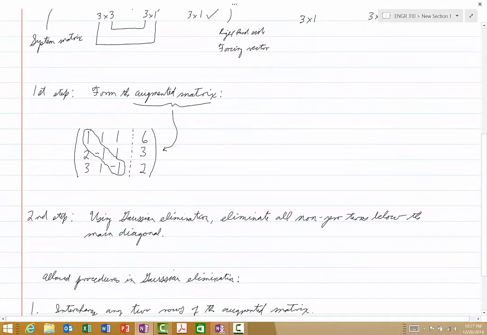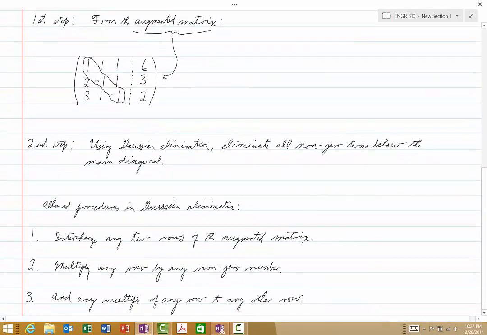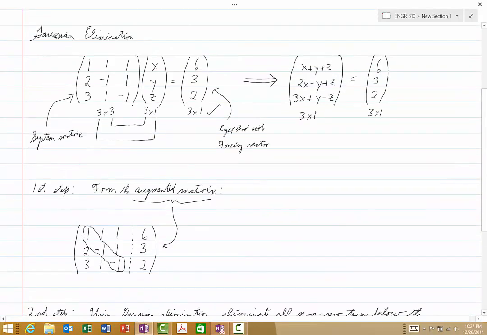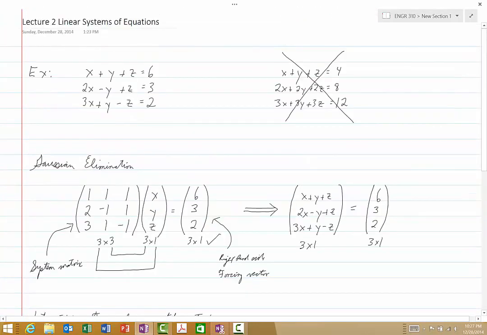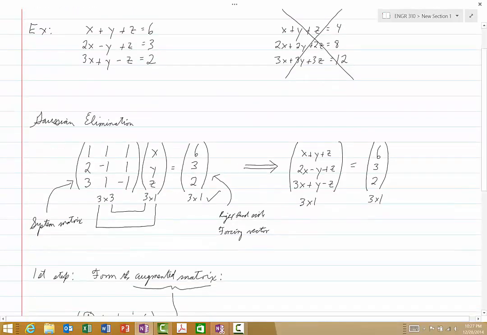So the first procedure is certainly not surprising, nor is the second one, that we can multiply any row by any non-zero number. For instance, we could multiply this entire first equation by 2 and have 2x plus 2y plus 2z equals 12. That is still basically saying the same thing as the first equation, so it would not change the system of equations.